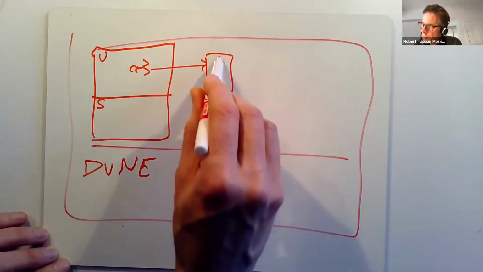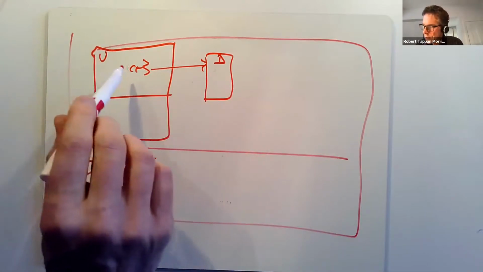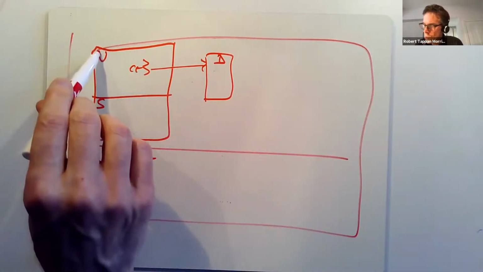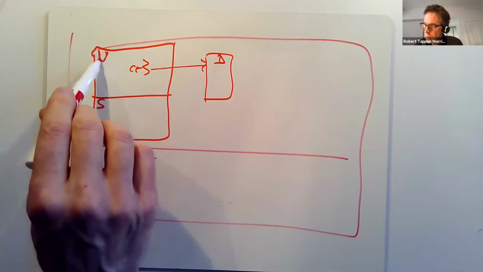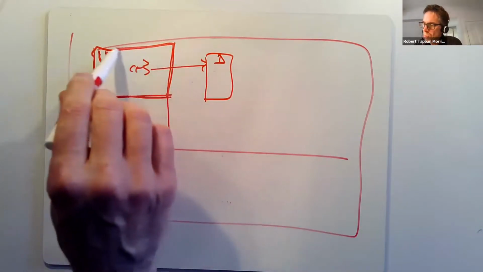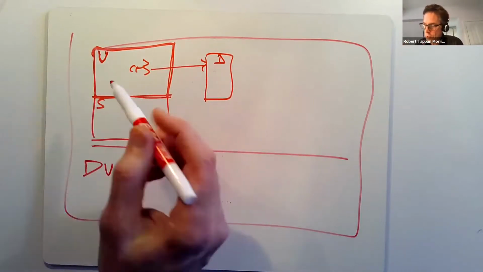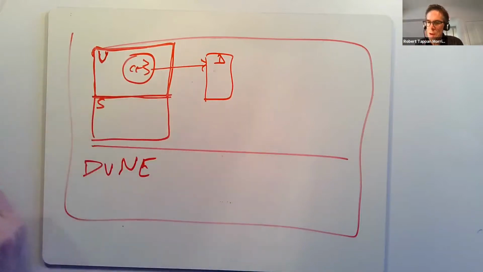So no, that doesn't work, because the way Dune wants you to run sandbox plugins is to run them in guest user mode. Guest user mode is just like user mode. It's not allowed to think about CR3.